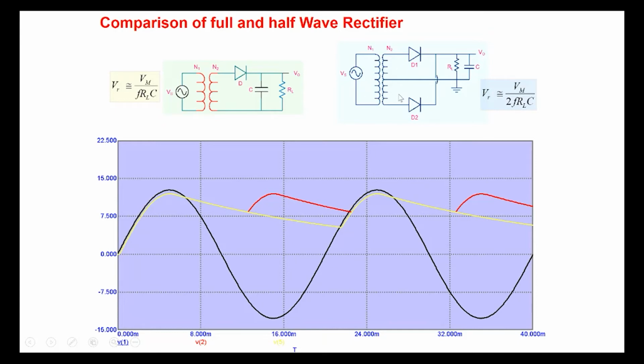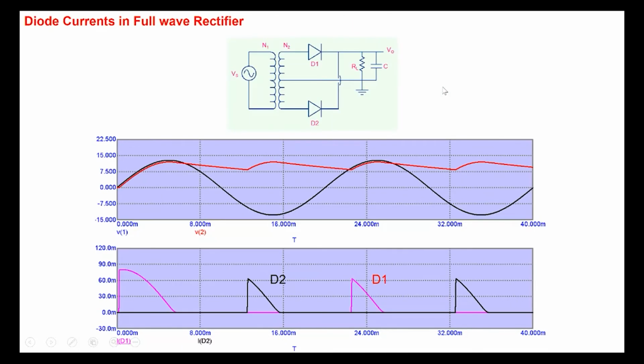But of course, the price that you have to pay for this is an extra diode and a special transformer with a center tap. The diode currents are similar in full wave rectification. In purple here is D1. Initially, when the capacitor is not charged, you need more diode current to charge up the capacitor from 0 to the output value.